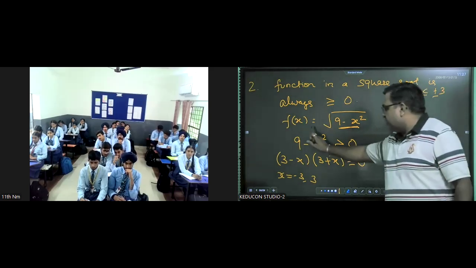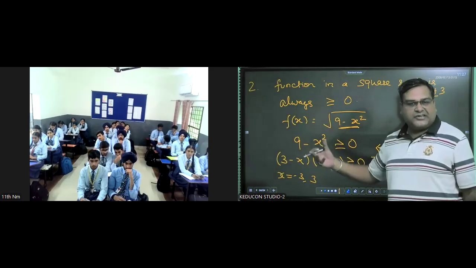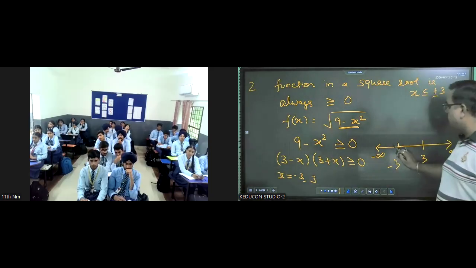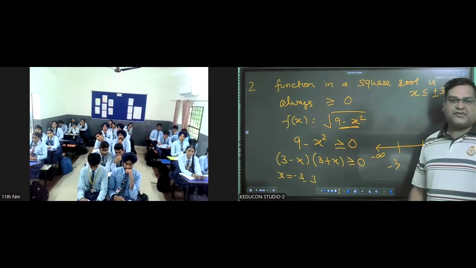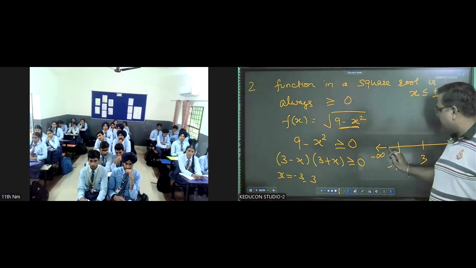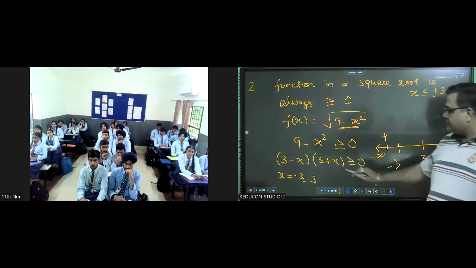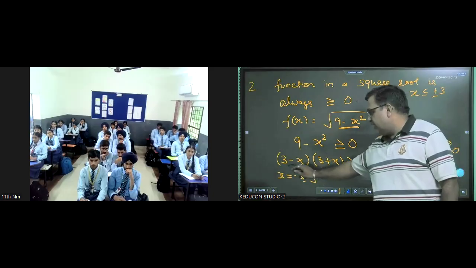According to the question, this inequality should be greater than or equal to 0. Now, if you put any number to the left of minus 3, suppose a number smaller than minus 3, let's say I put minus 4 here. When you put minus 4 here, it will become positive.